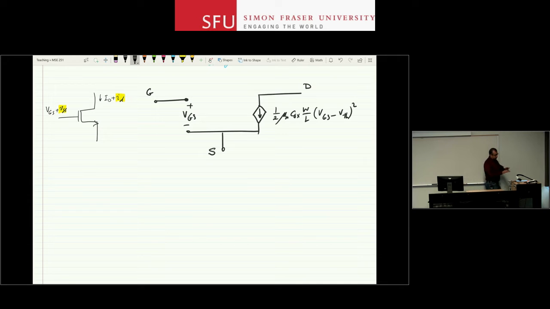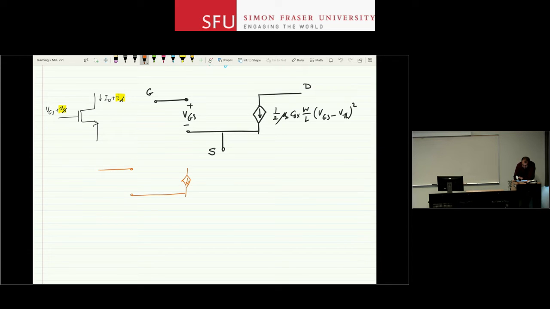And the question is that once you do that, how do you account for small variations? So if this VGS at the gate for this device changes by a small amount, how will you take into account the changes at the drain terminal? And then the answer is that you go through the same thing that we did for a BJT, and in this case you actually come up with a simpler model.